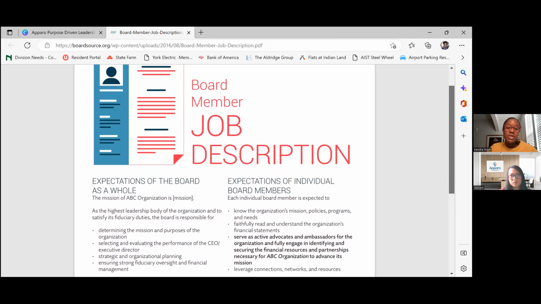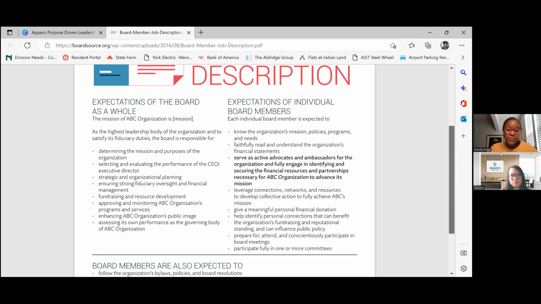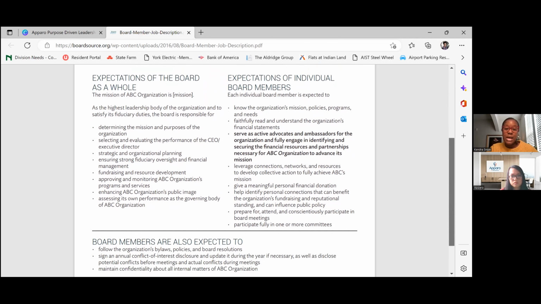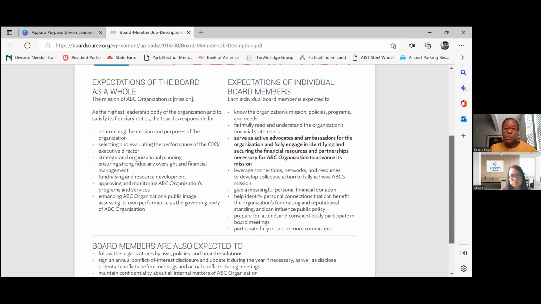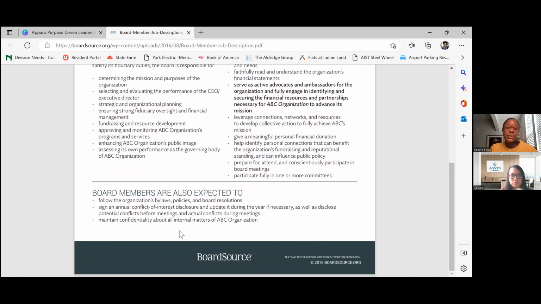So a board member job description, as I mentioned, looks like any position description you would see. It provides expectations of the board as a whole and what you are expected to do as a board member. So individual board member expectations. And then they also give you some additional things that you should take into consideration.